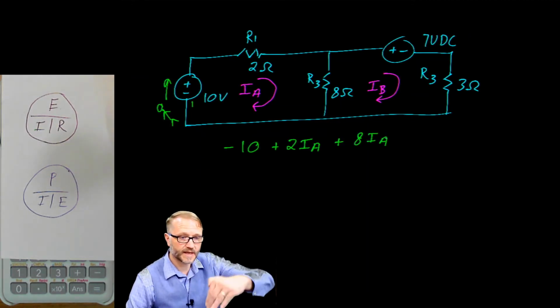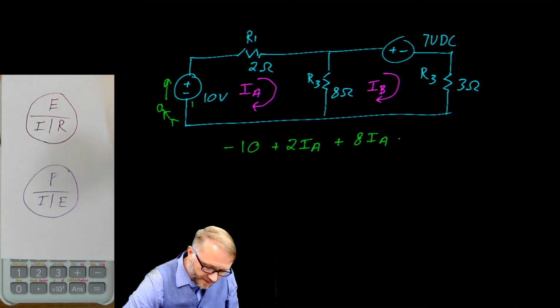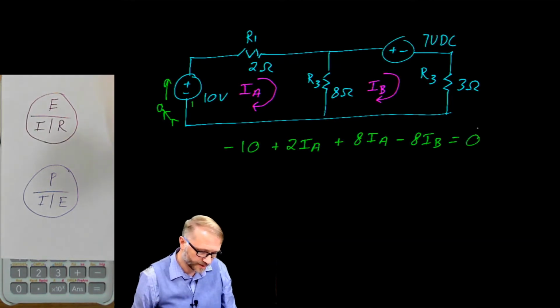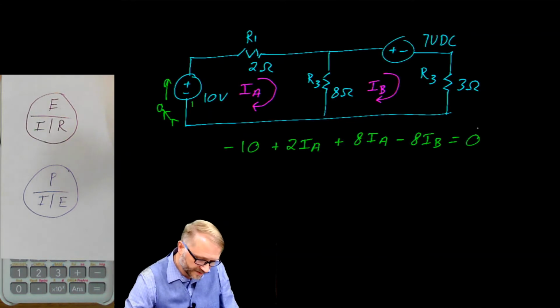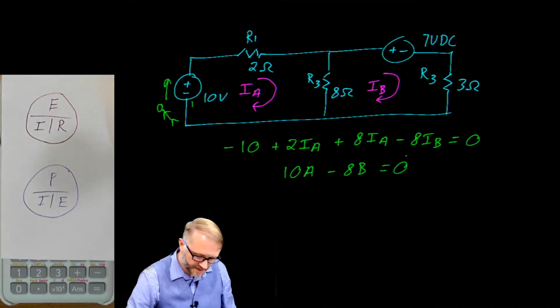Okay, that's going down, but there's also current B going up. So current A and B are in opposite directions, which implies that we can subtract off current B. And then we're back to the beginning of our loop, so that is equal to 0. If we simplify this, we end up with 10A minus 8B is equal to 0.